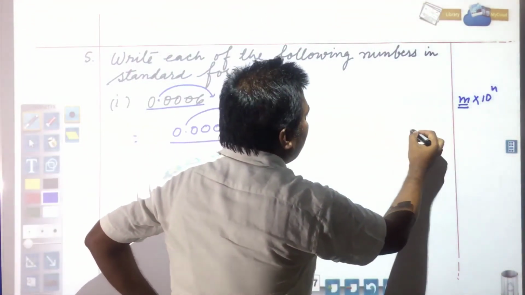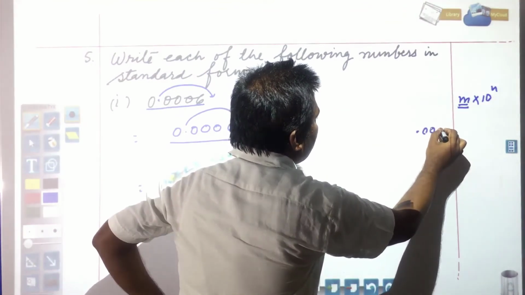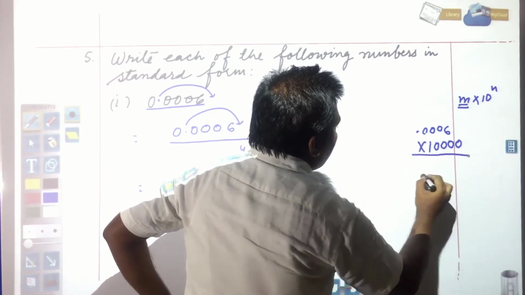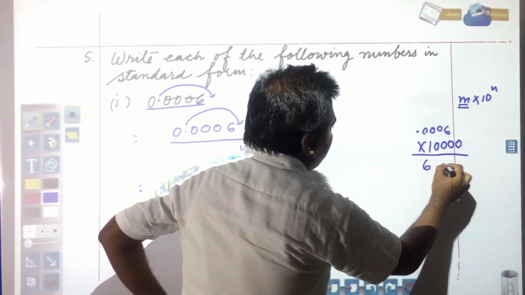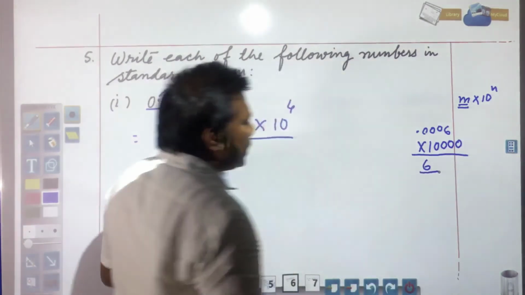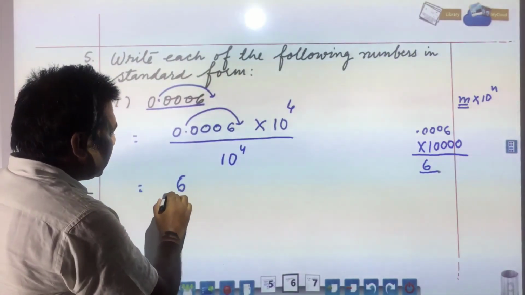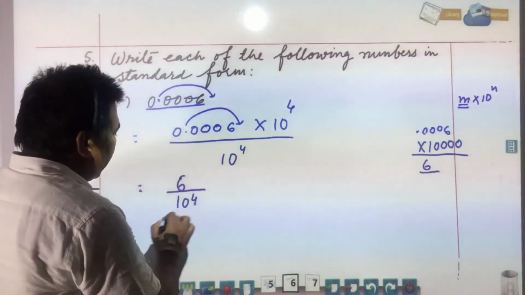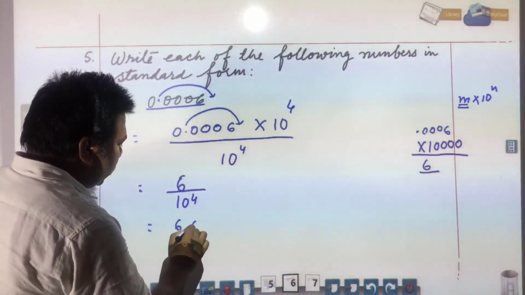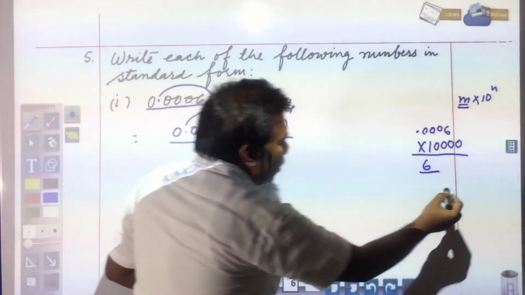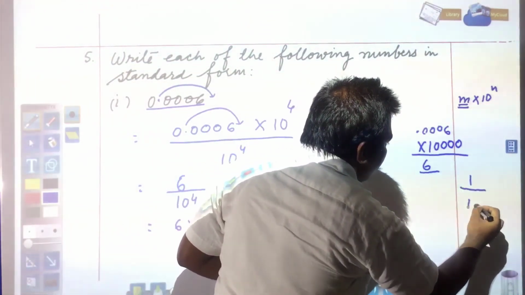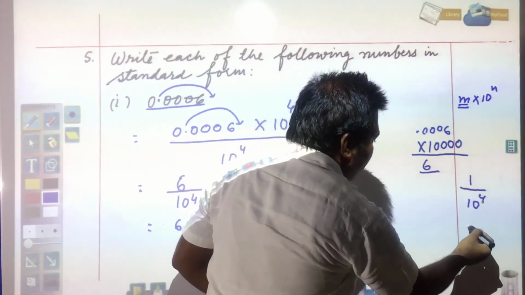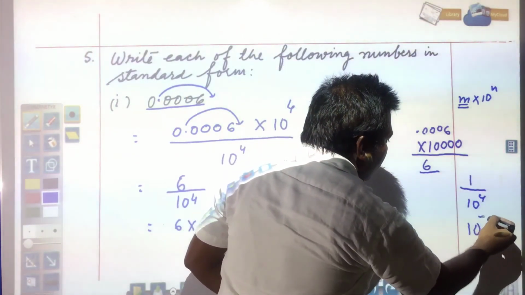Here you see 0.0006 you have, and with this you are multiplying this one. So, finally, you will get 6.0000. So, this will be 6. So, you got 6 divided by 10 to the power 4, or it can be written as 6 into 1 by 10 to the power 4, and if you remember, 1 by 10 to the power 4 can be written as 10 to the power minus 4.